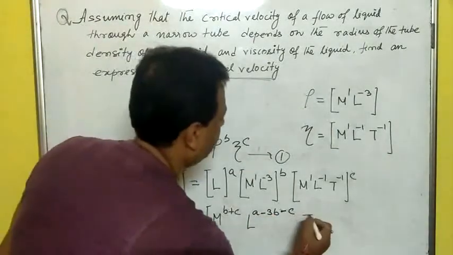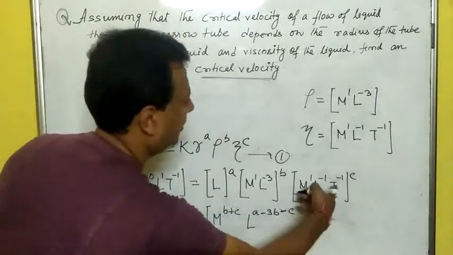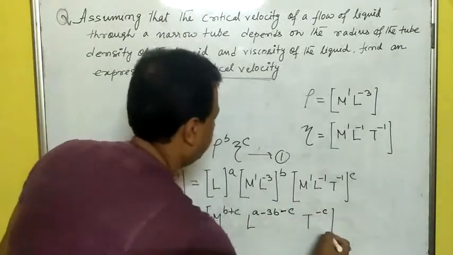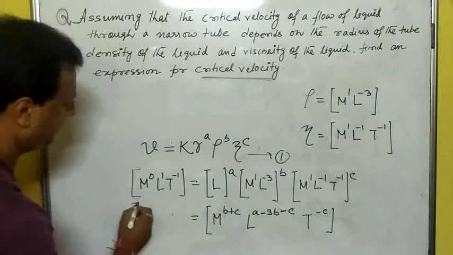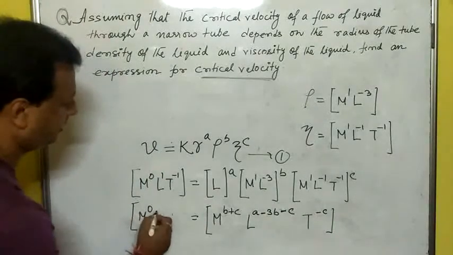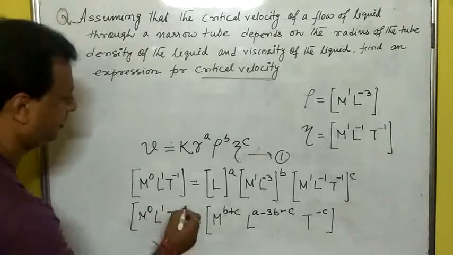And for T, it's only one T here, so T to the power of minus c. Now we compare both sides. This side, remember, is M to the power of 0, L1 and T minus 1.